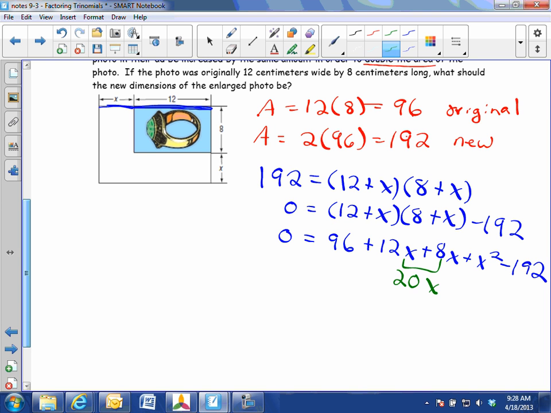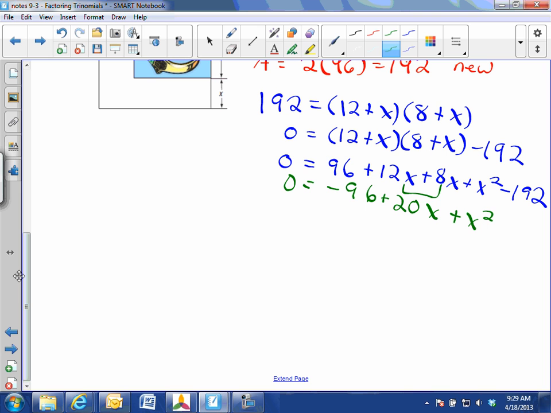What else could we put together? 96 minus 192, which would get us what? Negative 96, yep. Does that help us? Well, you could factor.